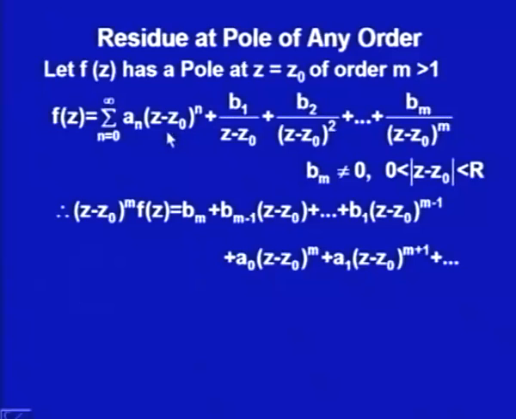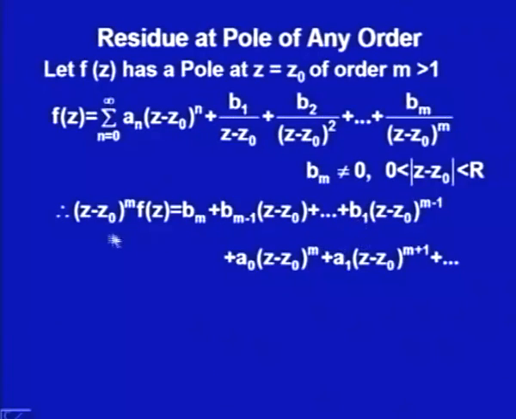Now, since z naught is a pole of order m, b m should not be 0, and this expansion is valid for all z with mod of z minus z naught less than r. That says when I take z approaching z naught, all these terms will approach 0. The only term which would be left is this b m, and that is not 0.